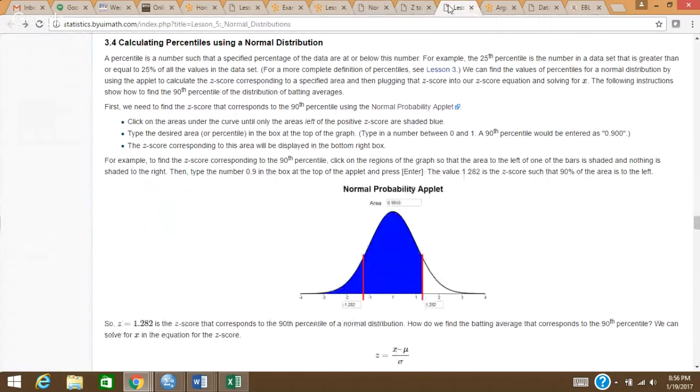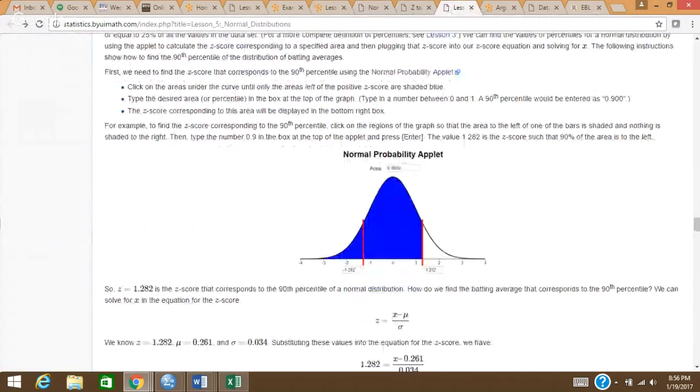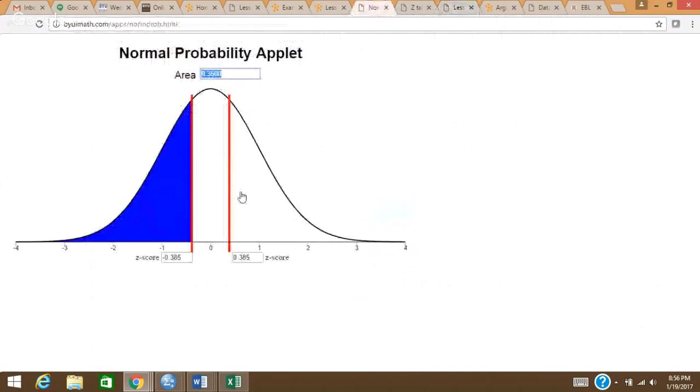So I typed in, if you want to look at my screen, I followed these instructions, and then you click on the areas to the left of this right line. And type up here the percentile that you want, and then it will show what is below that. Then it gives you a z-score for that, so it's 0.385.